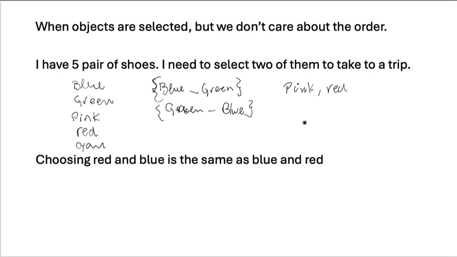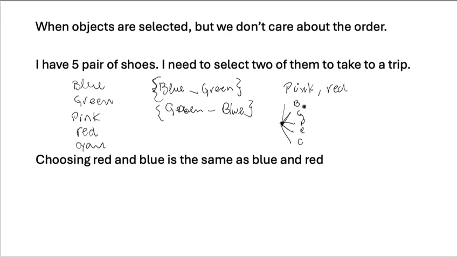So we have to correct this. If we were to do a tree, we would say, okay, for the first spot in my luggage, my suitcase, or my backpack or whatever, I have 5 options: 1, 2, 3, 4, 5. I can pick blue, green, pink, red, and cyan.